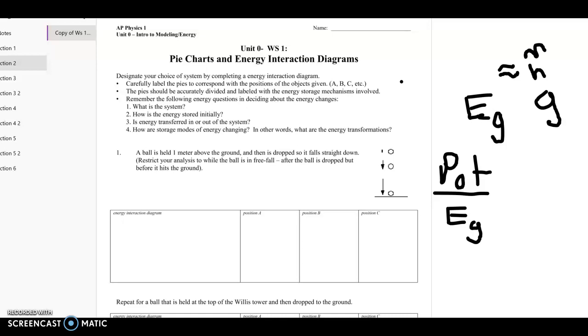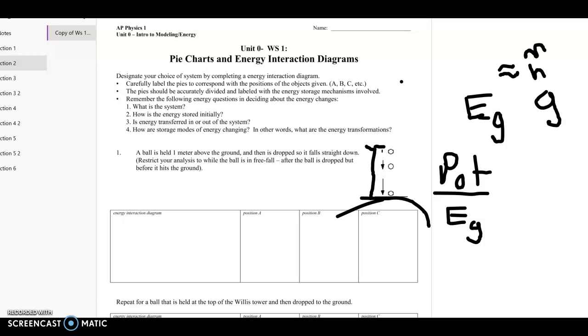Gravitational potential energy is stored between the earth and that object, right? So when the ball is up here and the earth is down here, if I lift the ball up, I invest energy.